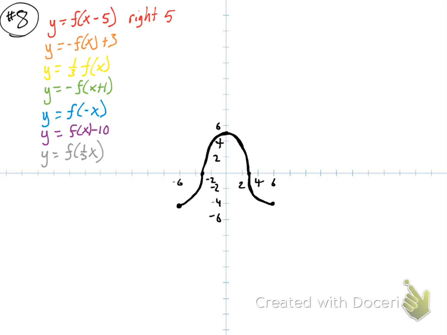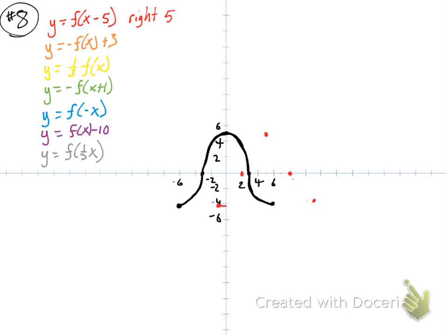If I'm moving it 5 units to the right, that would be 2, 4, 5, and then 2, 4, 5, 2, 4, 5, and 2, 4, 5. Because that point right there would go from a negative 3 to a positive 2, and from a negative 6 to a negative 1.